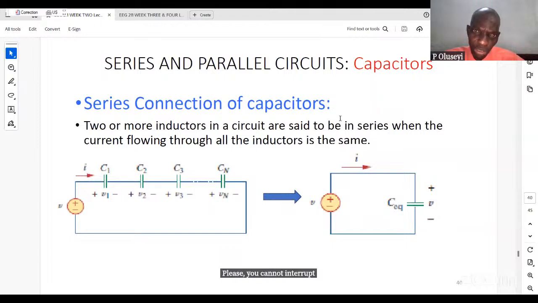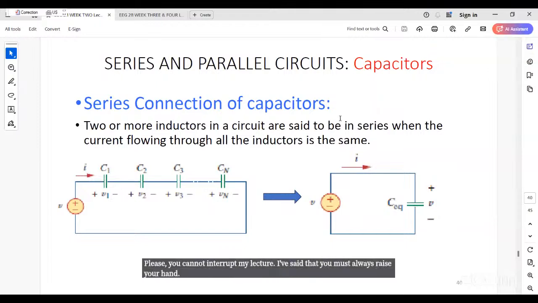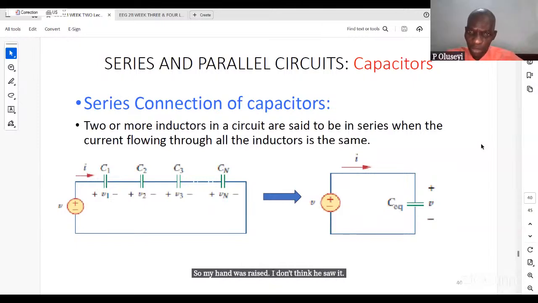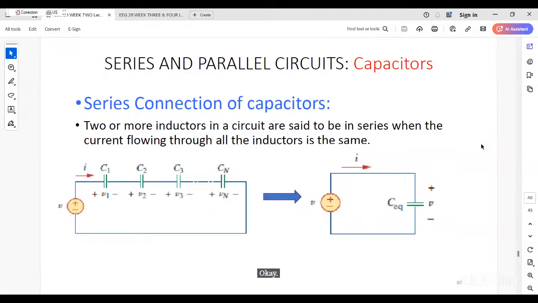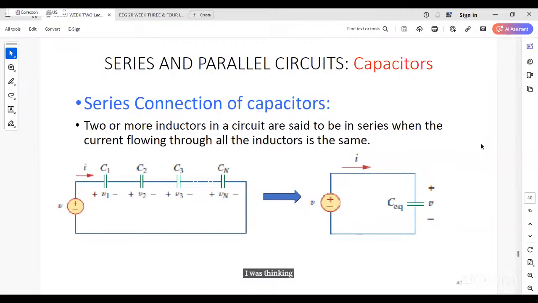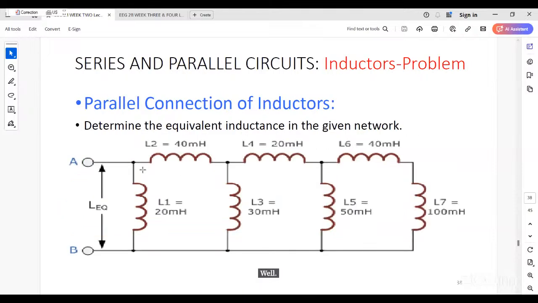I've said that you must always raise your hand. So my hand was raised. I don't think you saw it. Okay, what's the problem? Concerning the last question, I was thinking that the last part where they solved in parallel with 20 millihenry was supposed to be added directly, as in series, but I'm not sure.